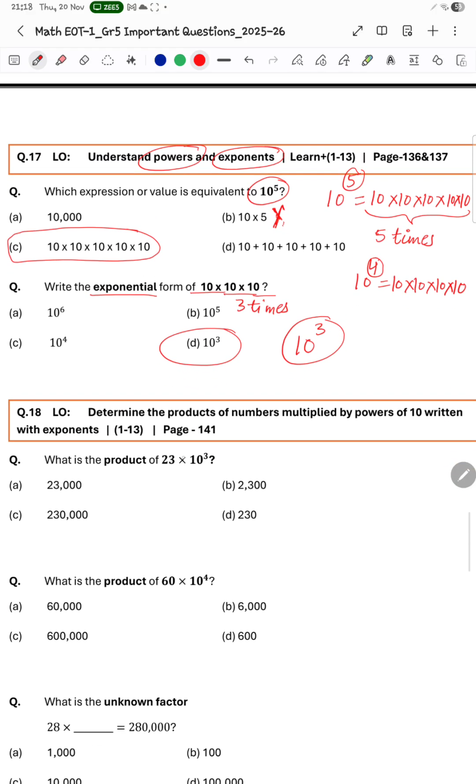Now again, you will get one question like this in the exam. The product of 23 times 10 raised to the power 3. So first let me explain it to you. 23 times 10 raised to the power 3, which means 23 times 10 times 10 times 10.